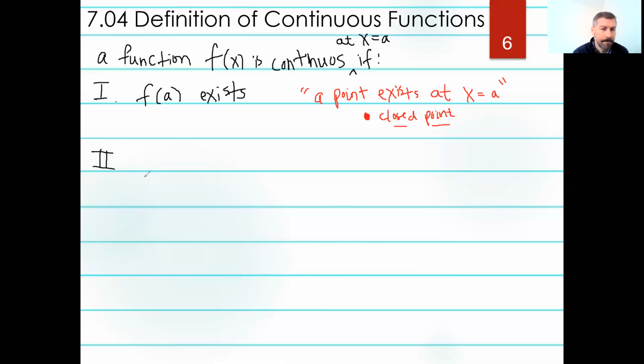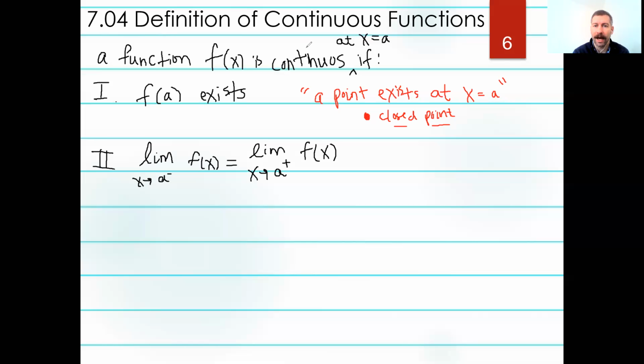Condition 2 also states that the limit as x approaches a from the left has to be equal to the limit as x approaches a from the right of f of x. So the second condition just means those two limits from the left and right have to be equal.